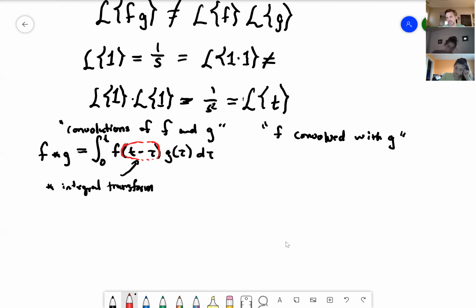It's a function of t and tau. The variable that the other function is written with respect to gets integrated away. So the integrand is in terms of t and tau. The tau gets integrated away, and we're left with a function in terms of t. So we could write this as f star g, f convolved with g of t. It's a new function that pops out the other side.